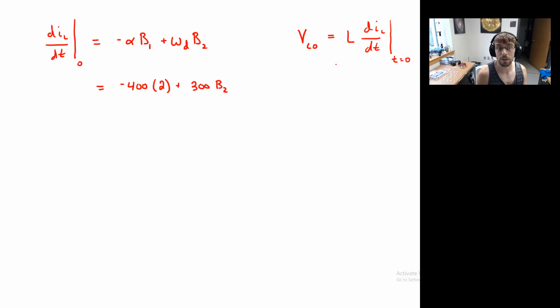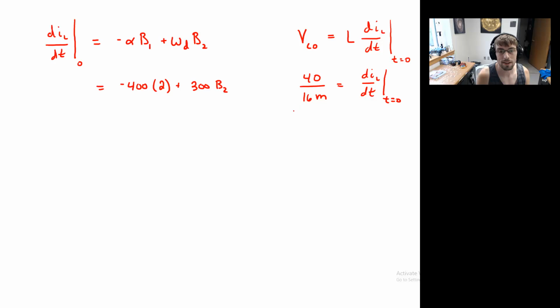And we have values for that. This is 40. We divide by our 16 millihenries, and that must be equal to the change of the inductor's current at time equals 0. Well, what is this?